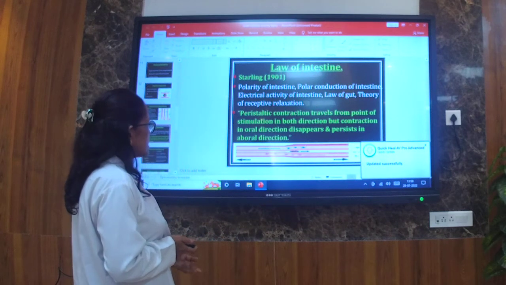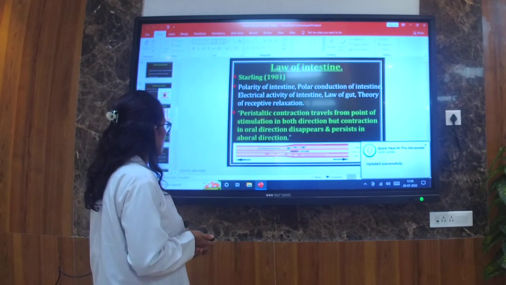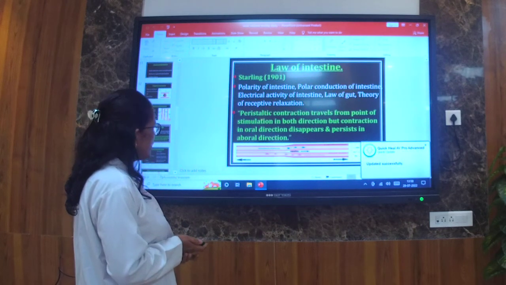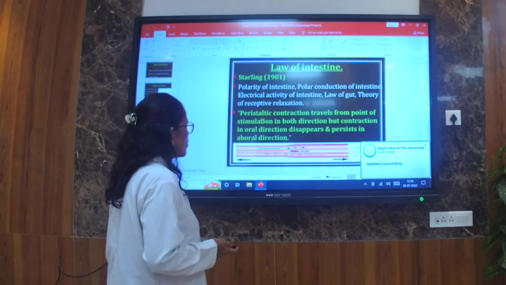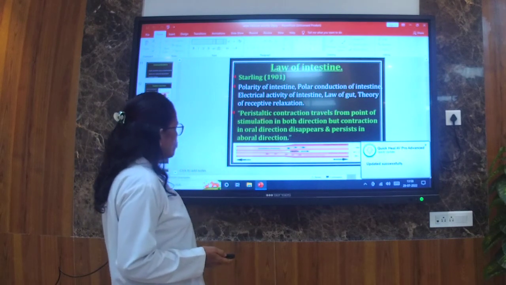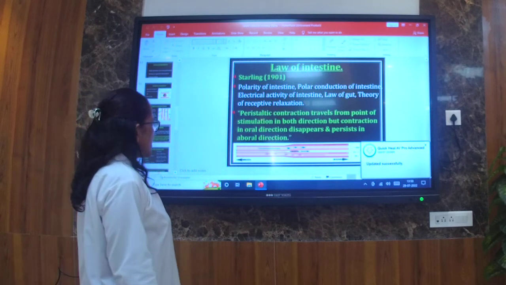This law states that peristaltic contraction travels from the point of stimulation in both directions, but the contraction in the oral direction disappears.